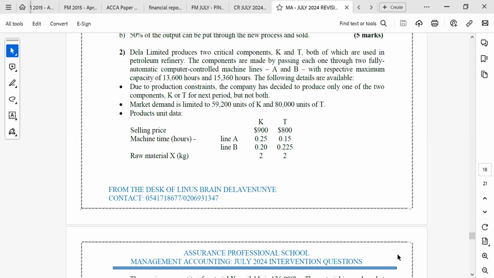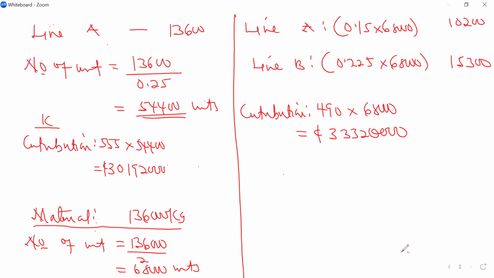All right. So any question about that? This is not a typical limiting factor question. Typically, they will be giving you only one limiting factor. But in this one, you can see that we have a lot of issues here. So this is how we go about this. You can't use the material to determine that.